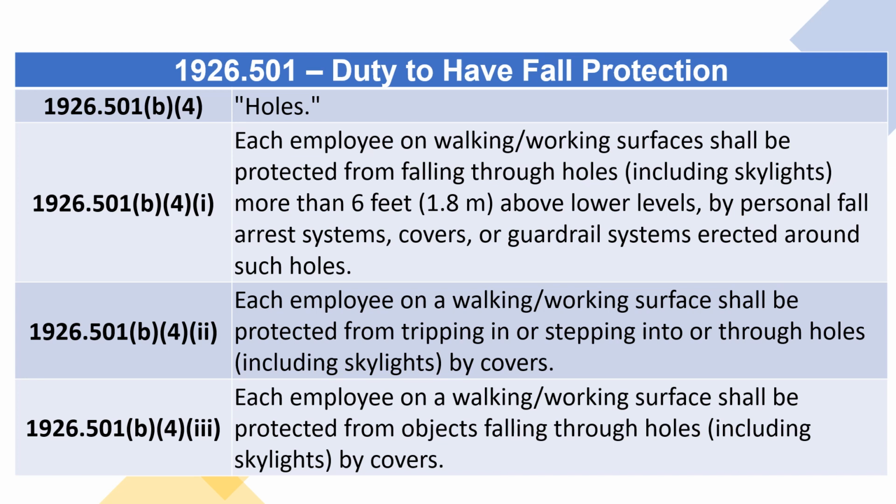Each employee on a walking/working surface shall be protected from tripping in or stepping into or through holes, including skylights, by covers. (iii). Each employee on a walking/working surface shall be protected from objects falling through holes, including skylights, by covers.